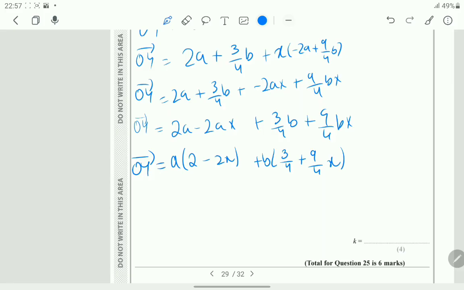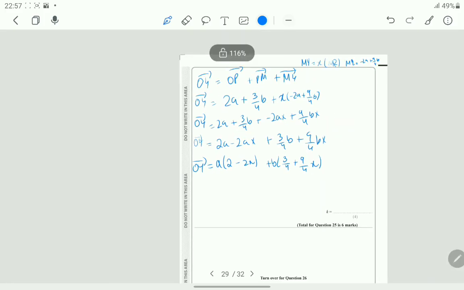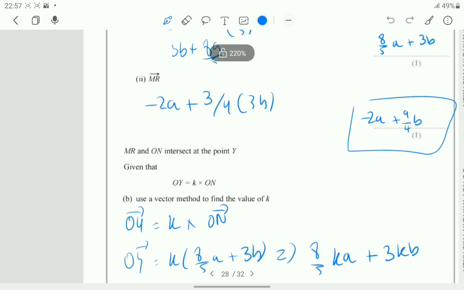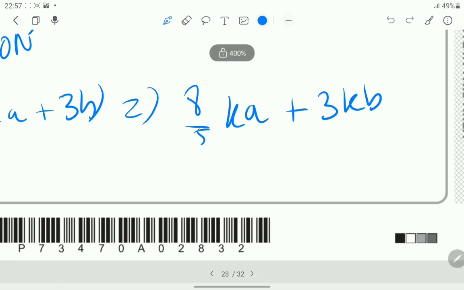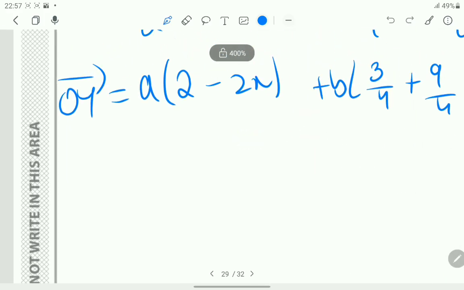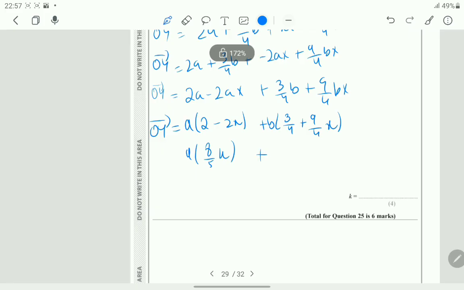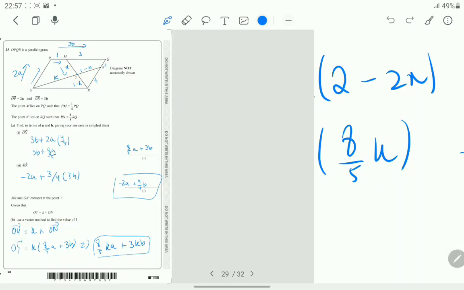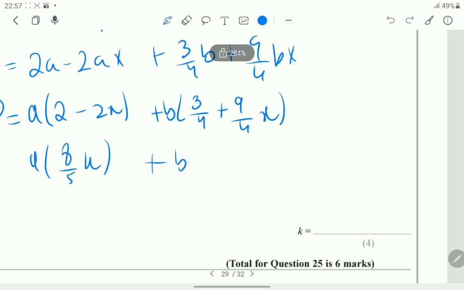And if you notice, the two paths to OY should be equal, right? And if we take our other path that we calculated, which is 8/5 Ka and 3Kb, a times 8/5 K plus 3Kb, so it would be b times 3K.